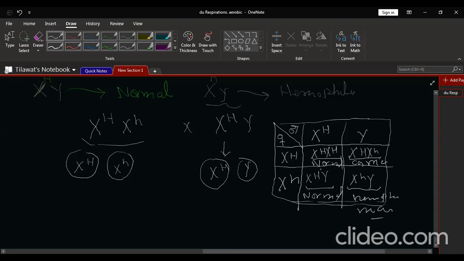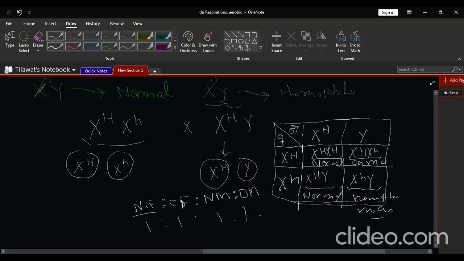So you can check here: normal female, carrier female, normal male, and hemophilic or diseased male. So it means approximately 1:1:1:1, we will get different offspring.